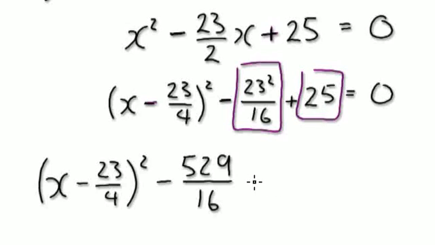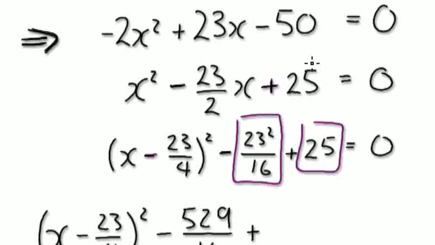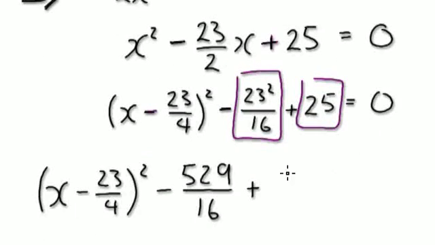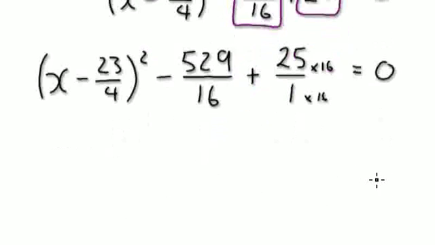And then plus 25. Is it plus or minus? Yeah, it's a plus. So I'm going to turn this into a fraction, and multiply top and bottom by 16. This equals 0.